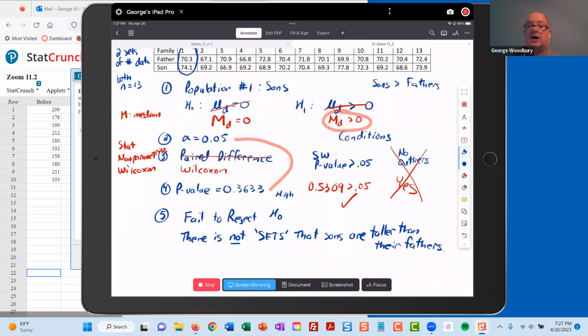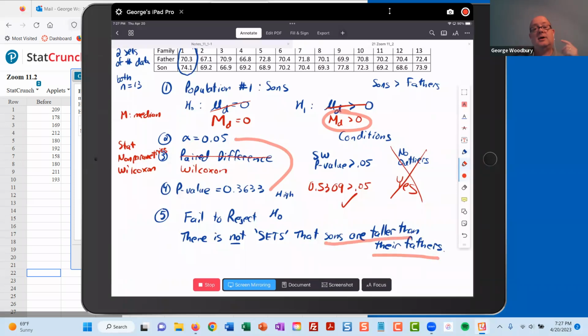Now, one thing that we saw in the sign test is that we had to change the word mean in the claim to median. However, for paired difference, we rarely see the word mean in the claim. So there was nothing to change here. Now, another thing that's really important, the last part of this problem, I wrote this, sons are taller than their fathers.